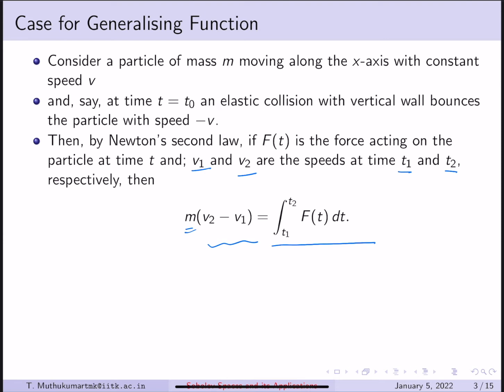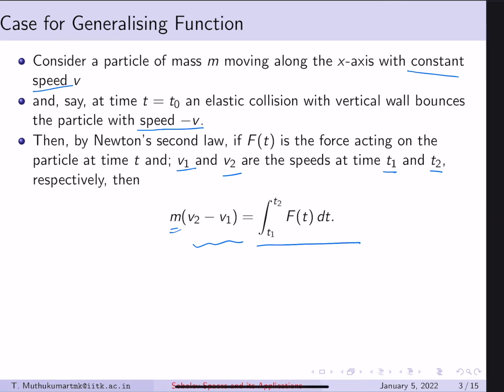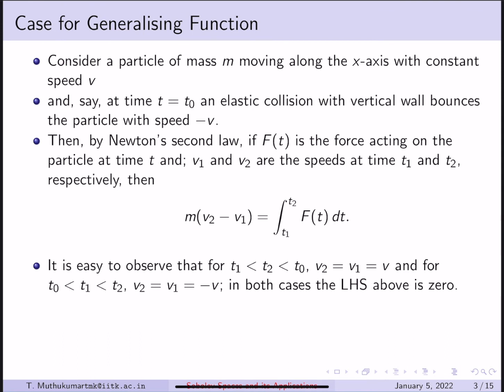Now, in our case, we had assumed a constant speed v, and after collision it has a constant speed minus v. Suppose we take two time instants t1 and t2 which are less than time t0, where t0 is the time at which the collision happens. If t1 and t2 are before the time t0, then what is the speed?